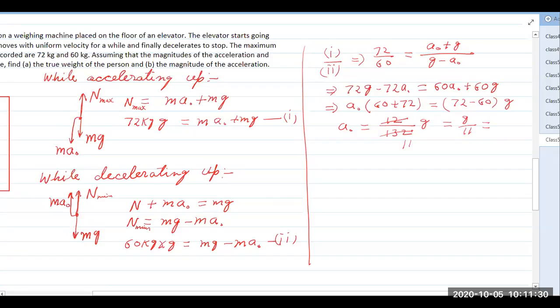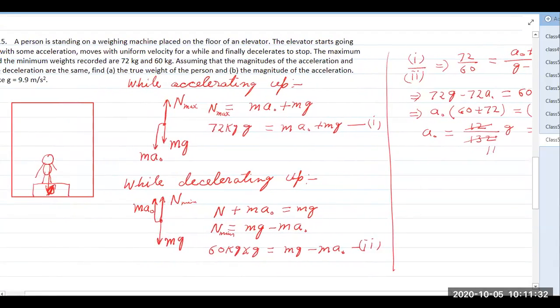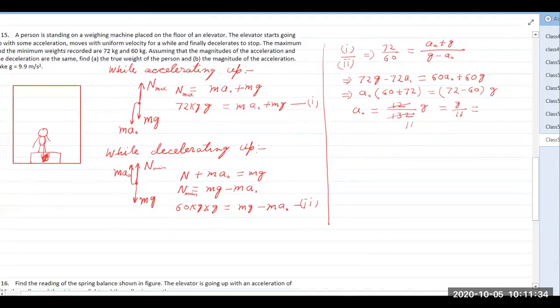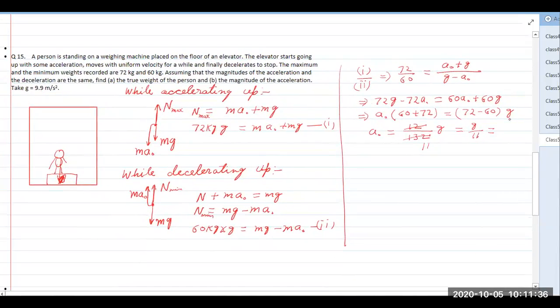And g was given as 9.9. If you put 9.9 here and divide by 11, we get 0.9 meter per second squared. So this much is the acceleration.